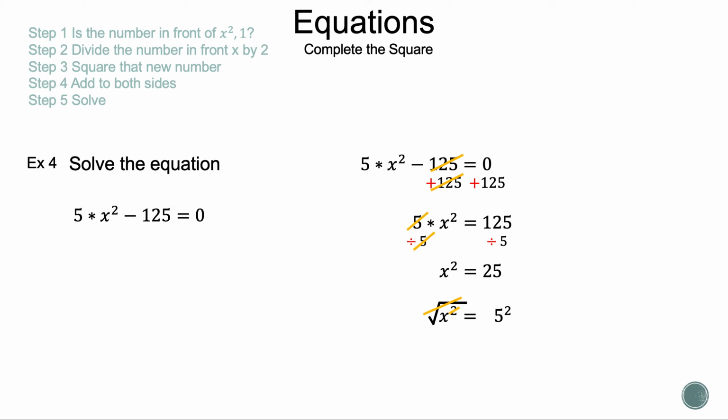And since we took a square root on the left-hand side, let's do it on the right-hand side. And now the square and square root cancel, and we're just left with the number inside, which is 5. But once again, when we square root, we introduce another number, and that is why we have plus or minus. So in this case, our answer is x is equal to plus or minus 5, and that is example 4.